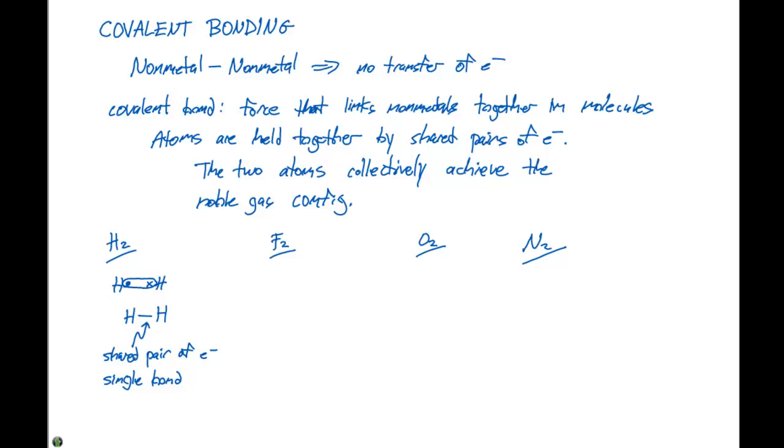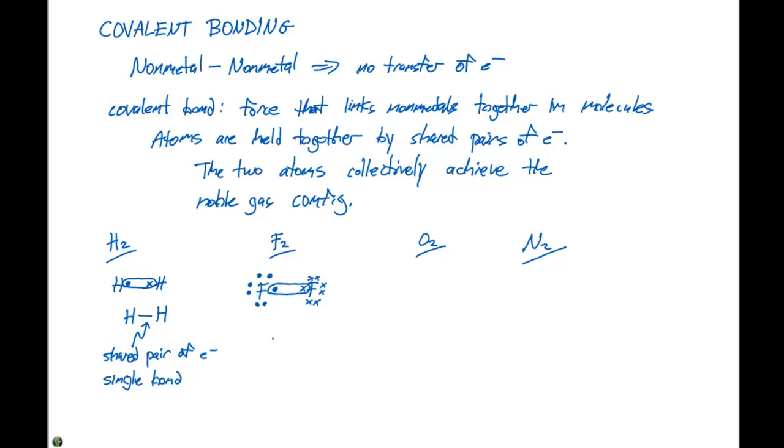For fluorine, these atoms act fairly similar to hydrogen, but in this case we have 7 valence electrons on each fluorine. So our Lewis structures indicate that we have 7 valence electrons on each fluorine, and they're going to form a covalent bond and share the 2 electrons that I've circled here.